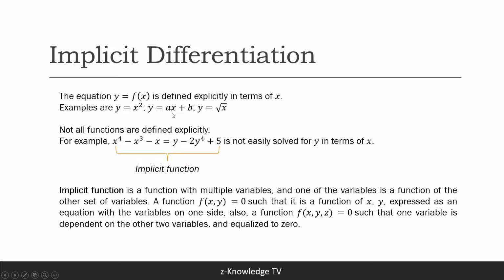And dito, sa second equation, yung y din inexpress niya in terms of x, wherein yung a at b ay constant. Ganon din sa pangatlong equation natin. So, ine-express niya ito clearly o ini-state niya ito clearly. While yung implicit, hindi niya ito ine-express clearly or hindi niya ito ini-state directly. Okay? So, ayun ang pinagkaiba ng explicit at implicit.